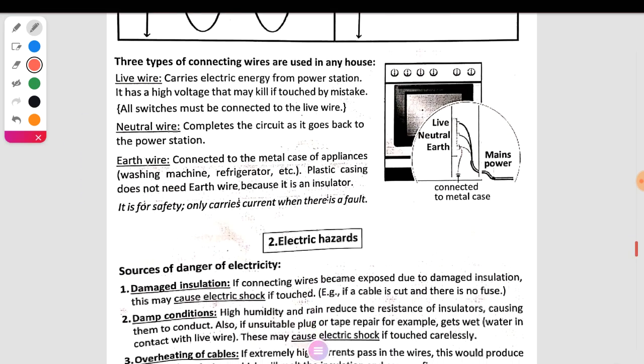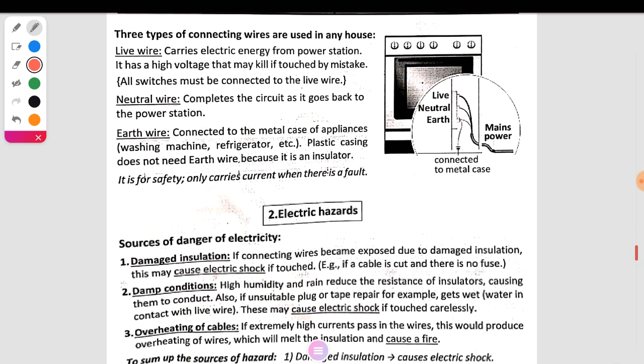The second type of wire is called the neutral wire. The neutral wire completes the circuit as it goes back to the power station. The third type is called the earth wire.